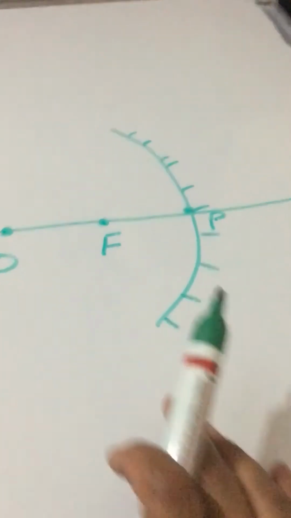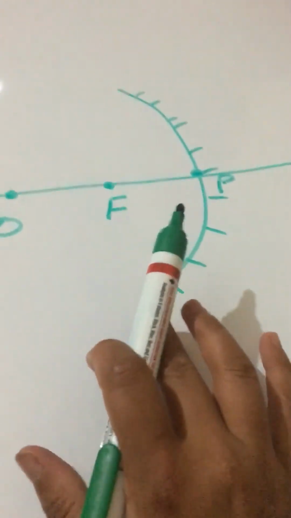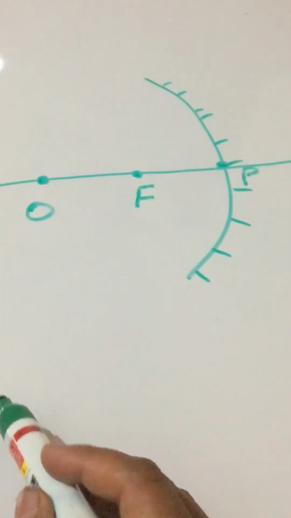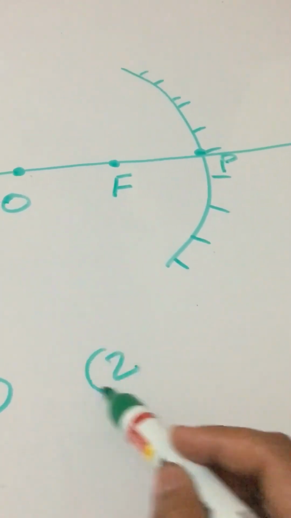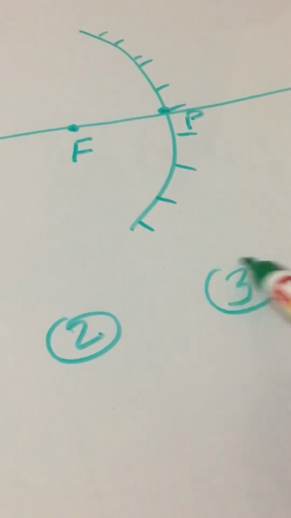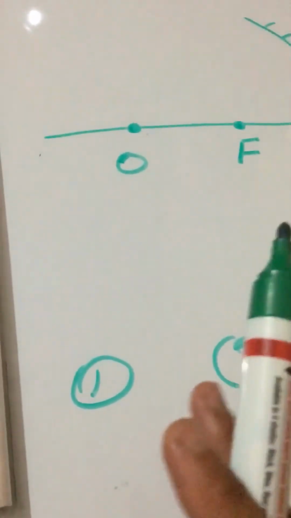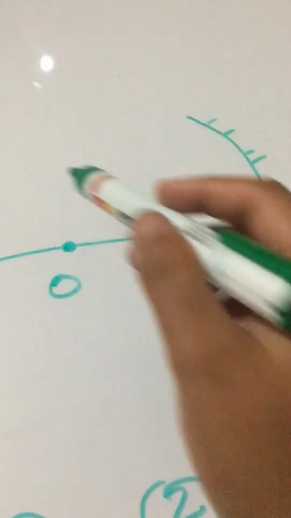To know how the images will be formed, we have to obey rules. There are 3 rules: 1, 2 and 3. Of the 3 rules, you have to apply just 2 rules. Now I'll simply say the rules.